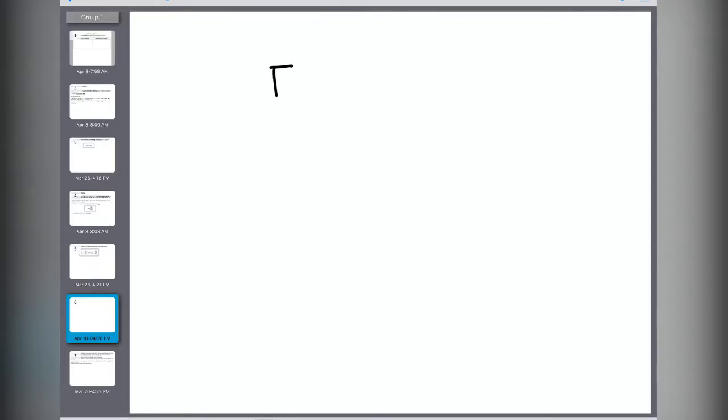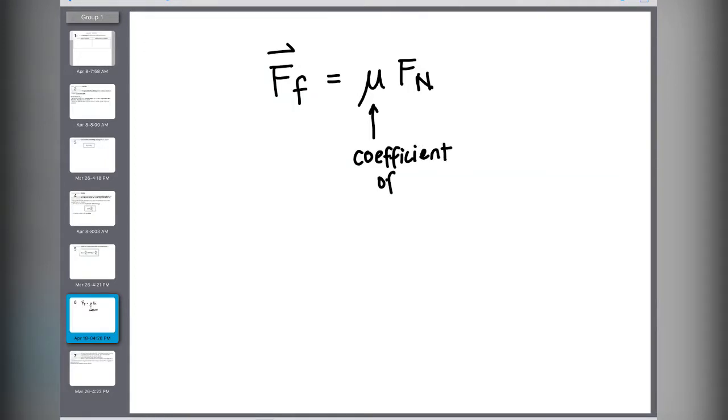So today we're going to be talking about the force of friction, and it has an equation of Ff equals mu Fn. This mu is called the coefficient of friction. The specific thing that you need to remember is that it directly relates to the contacting surface.